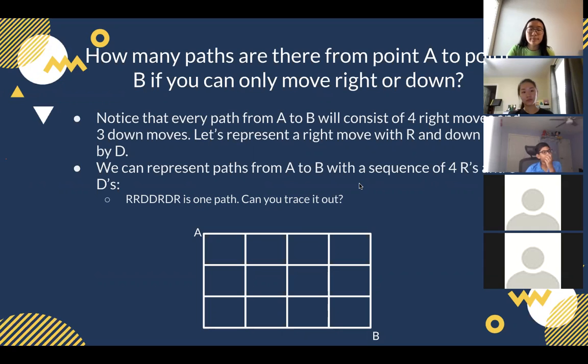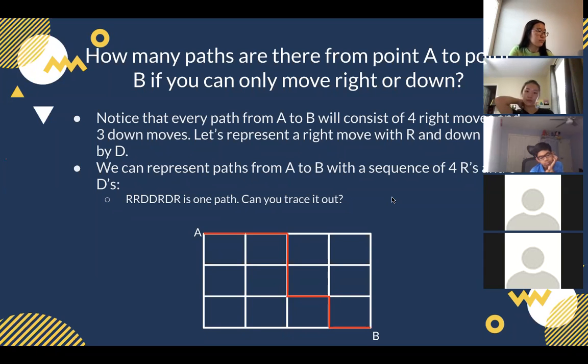Something that we notice when we say that R is going to the right and D is going down is that the question just becomes, how many permutations are there when you're writing 4 R's and 3 D's? And that just turns into a name question.